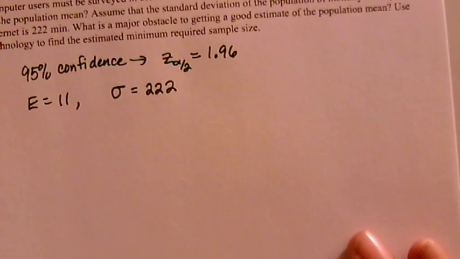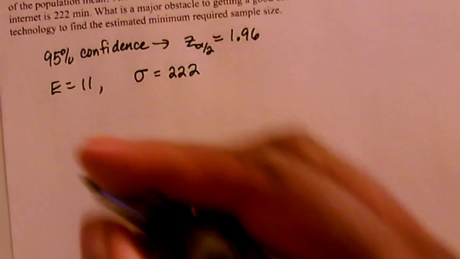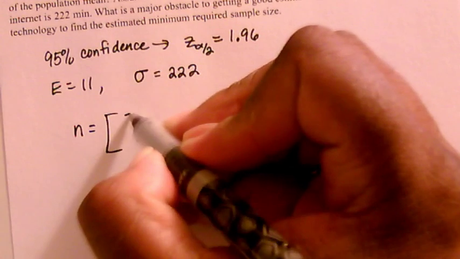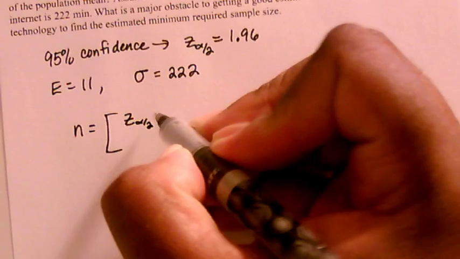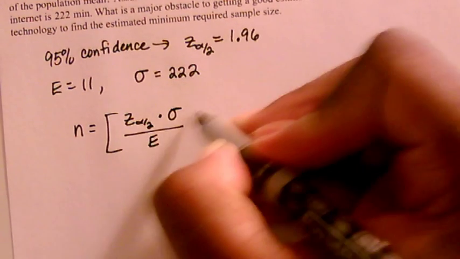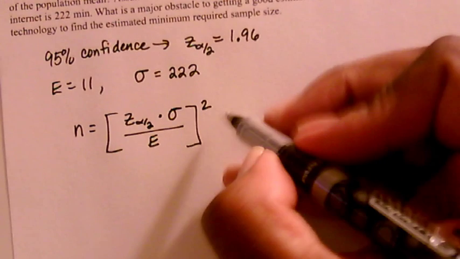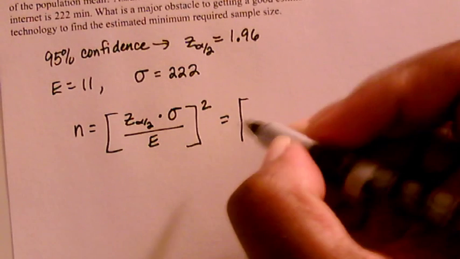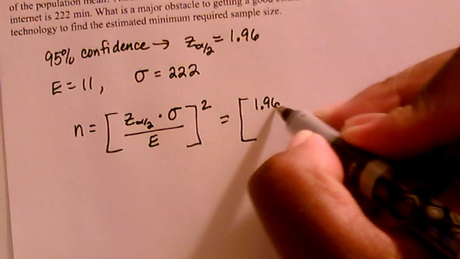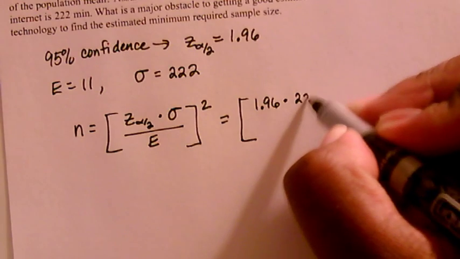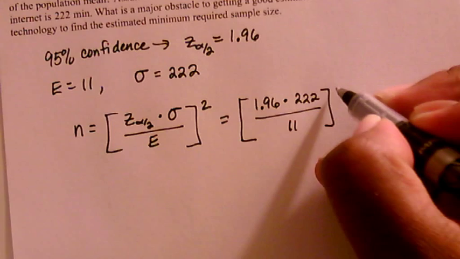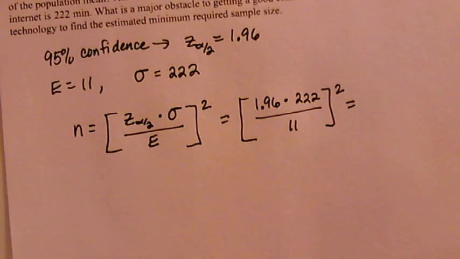Okay, so in this case here, this is where we use the formula. N is equal to Z of alpha over 2 times sigma. All that's divided by E. This whole thing is squared. So in this case here, Z of alpha over 2, that's your 1.96, times sigma, which is 222, divided by E, that's 11, and that quantity is going to be squared.